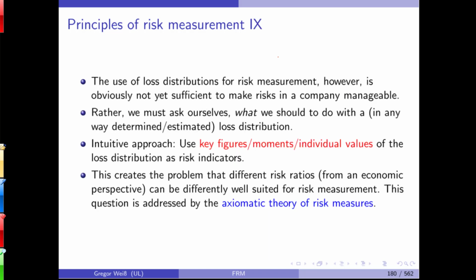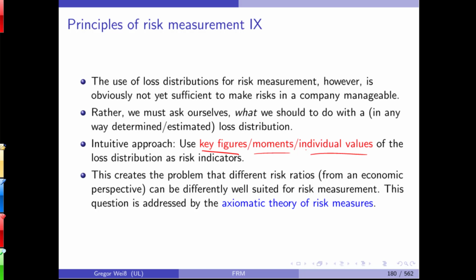Now, the use of a loss distribution is obviously not yet sufficient to model risk. You need moments, you need metrics based on loss distributions. So you will use key figures, ratios, individual values, or moments, statistical moments of a loss distribution. And then you have different metrics that can be better or not better for your use in risk management.